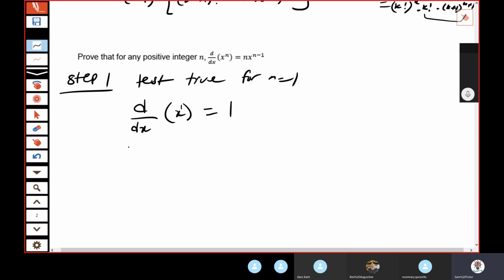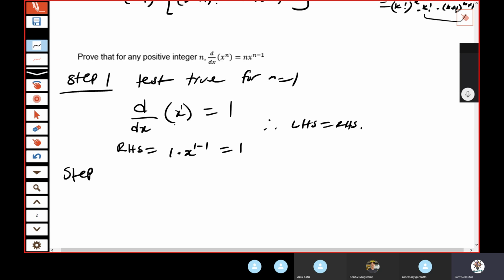Yep, that's right. The next one, right hand side. Right hand side is n, so 1 times x to the power of 1 minus 1. Anything to the power of 0 is 1. So therefore, left hand side equals right hand side. See how it just works out.